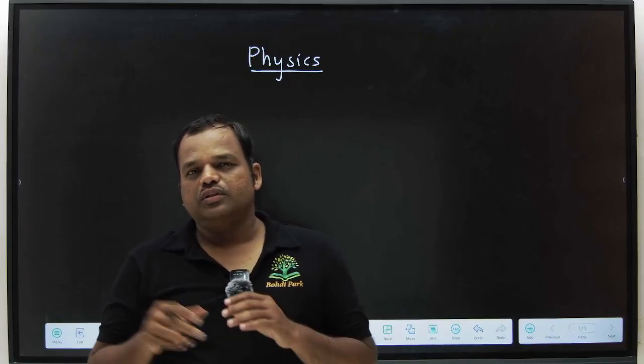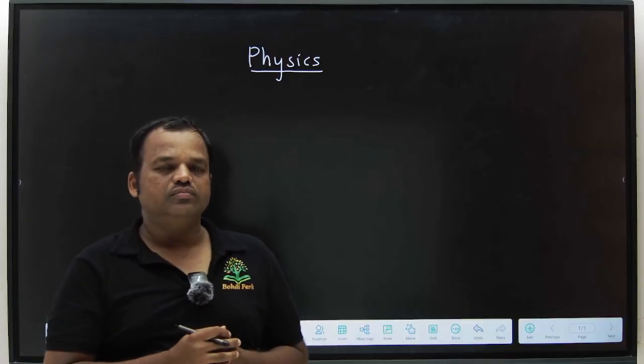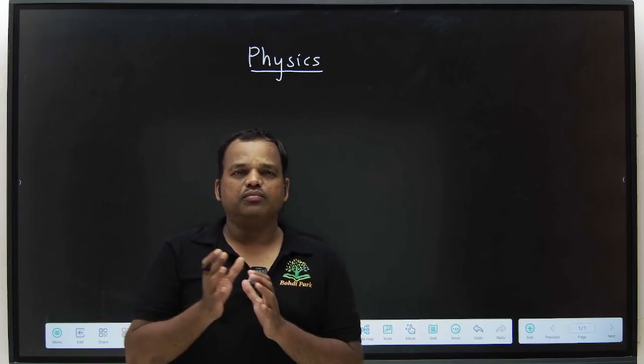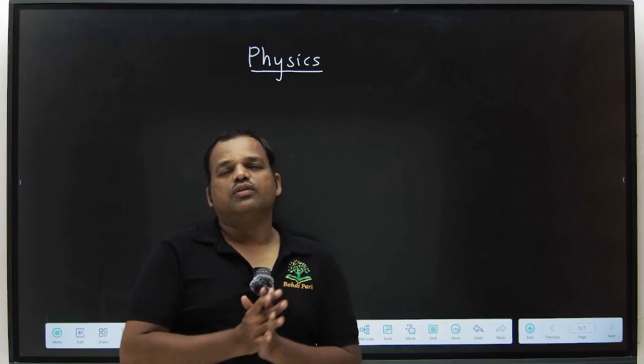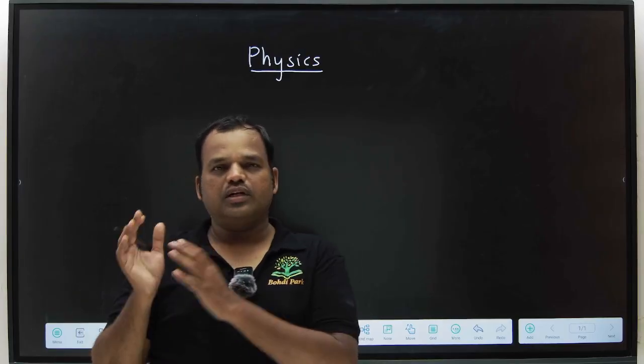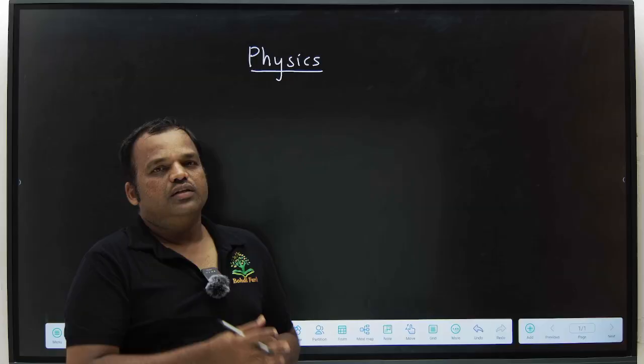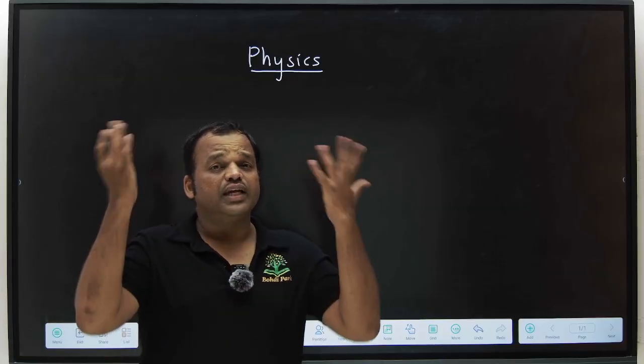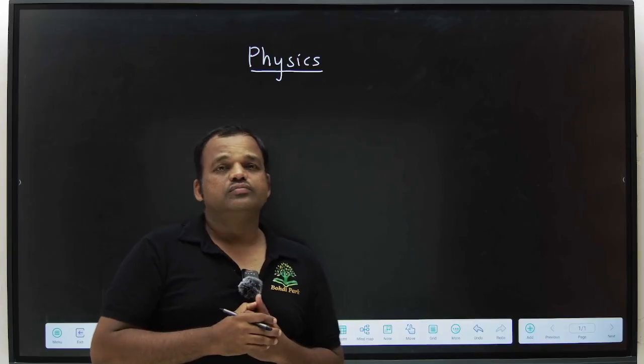So you have to read the question, pick up the numerical values, then think about what formula to use and what concept is needed to solve that question. You may have to visualize what is going on.